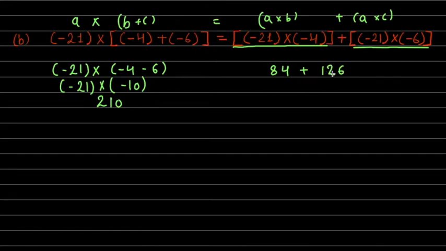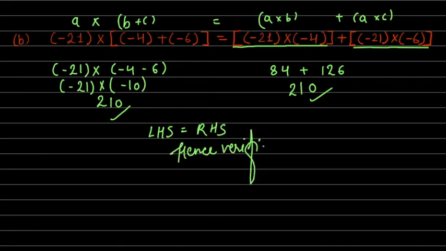How much will it be? 6 4 10, 19, and plus 8 is giving us 210. So again you see 210. It means your LHS is coming out equal to RHS, and hence verified. So we know that this is already in the form of a property, but we have to verify it.